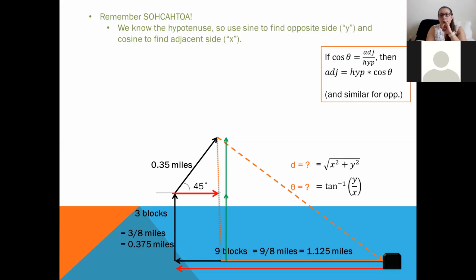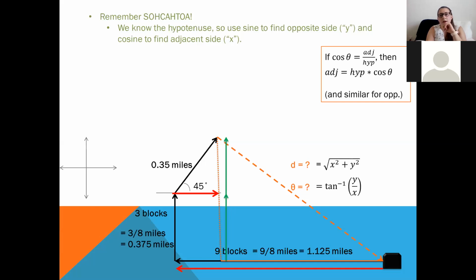Cosine is adjacent over hypotenuse. We want to know the adjacent side length, so we'll rearrange that equation. The adjacent side is hypotenuse times the cosine of our angle. And we would do a similar rearrangement for the sine to get the opposite side.